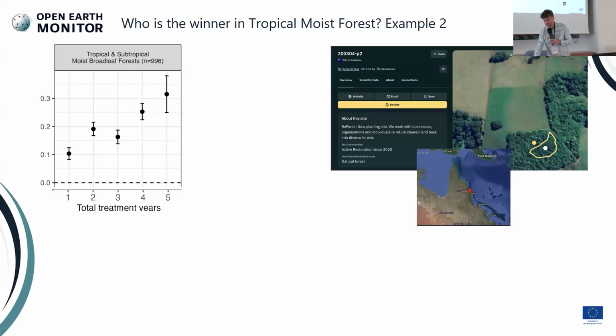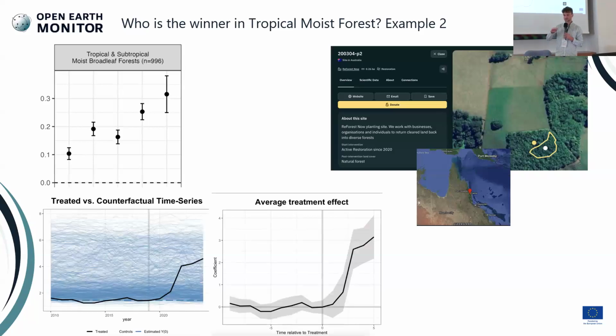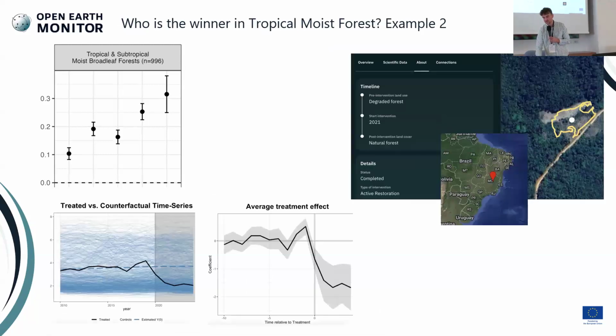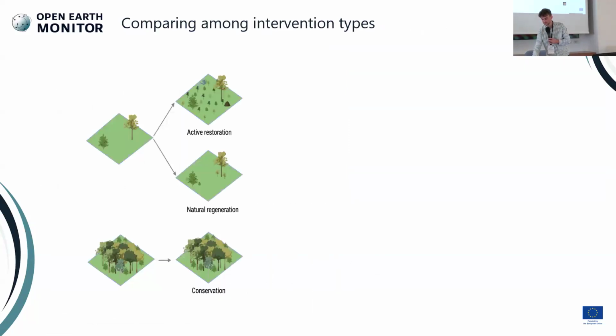So these are examples where it works well. So you really see a steep increase. But of course, you can also use the method to look at sites where it might have worked not so well, or maybe there was deforestation or degradation after they claimed that they started the intervention year.